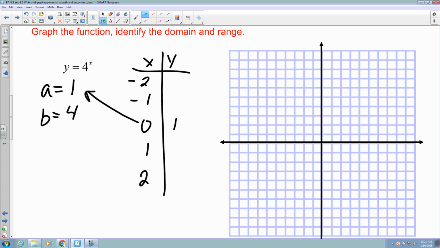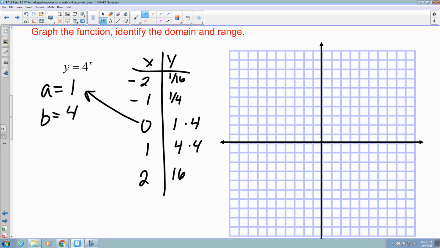And then to find out the values that increase, I simply multiply it by what b is, which is 4. So I get 4 here, and I get 16 over here. To find it in reverse, I simply divide 1 by 4. So 1 divided by 4 is 1/4. 1/4 divided by 4 will be 1/16.